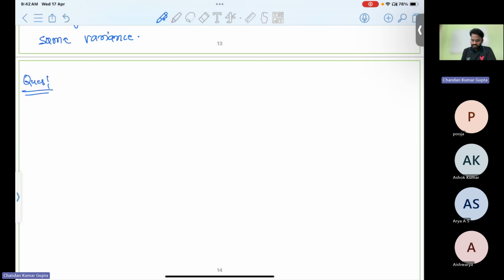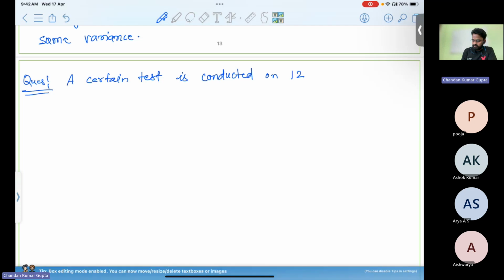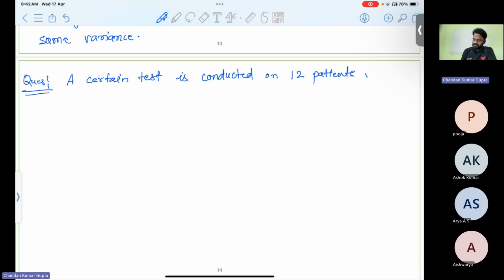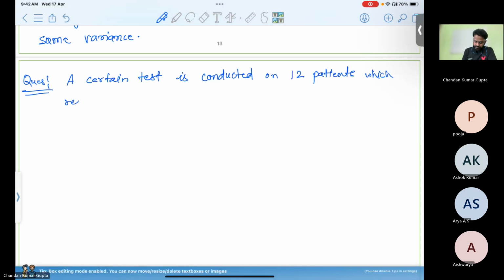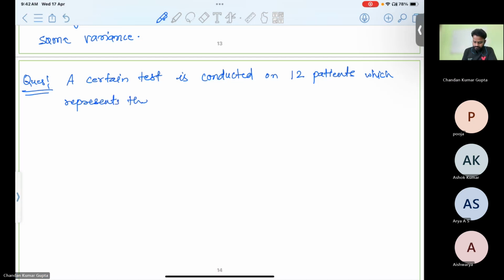A certain test is conducted on 12 patients, which represents the change in BP, change in blood pressure. The data are given. I will write it in tabular form later.